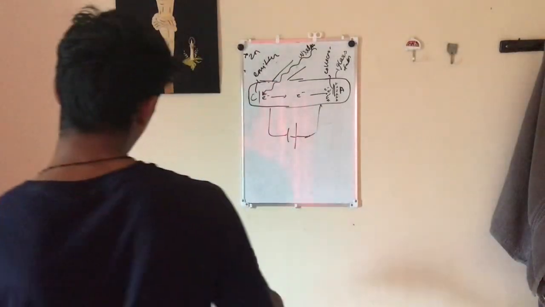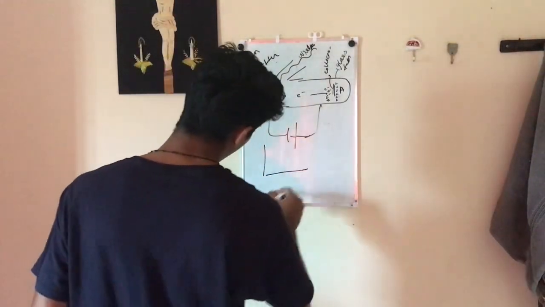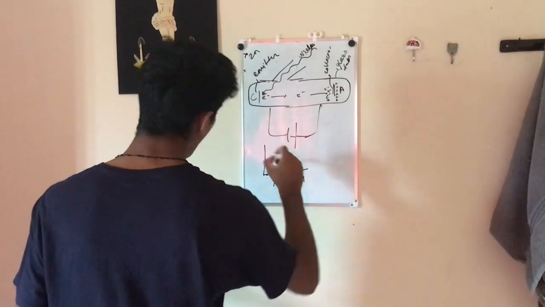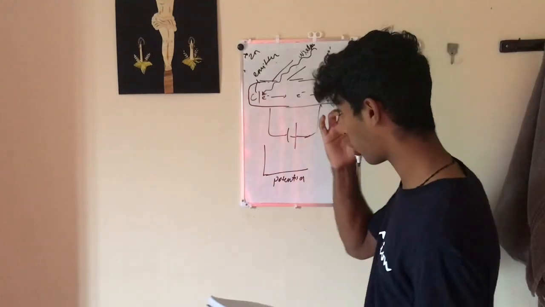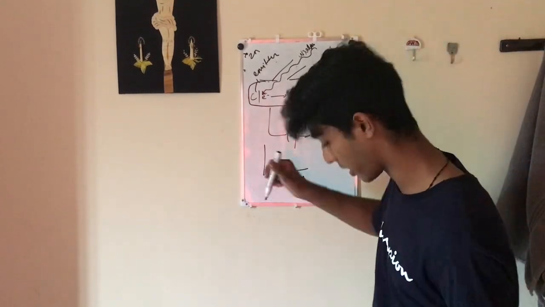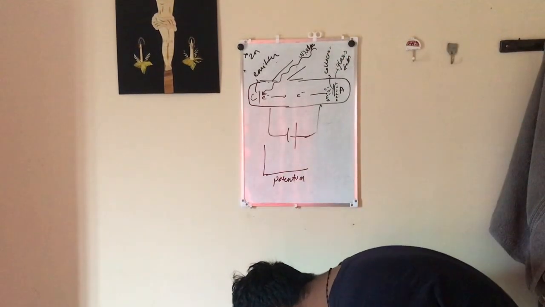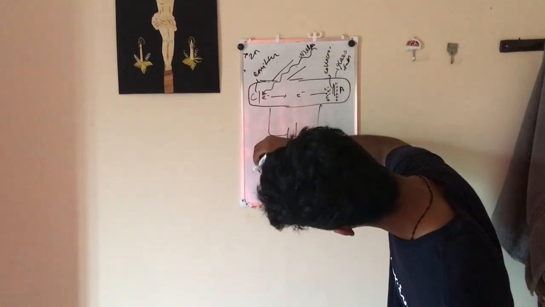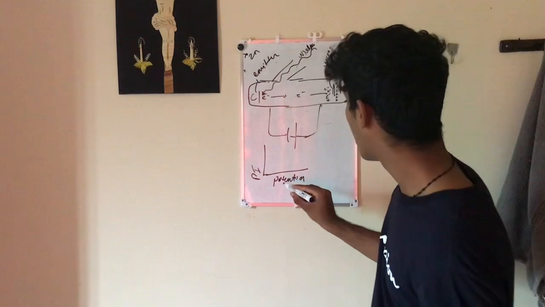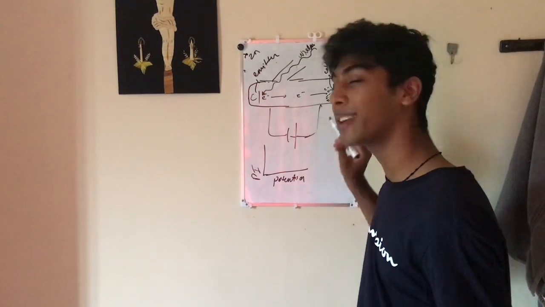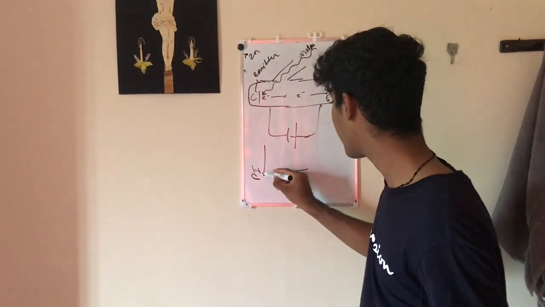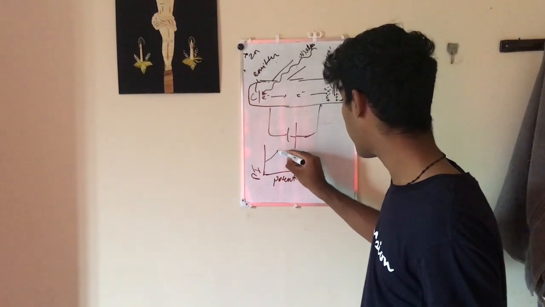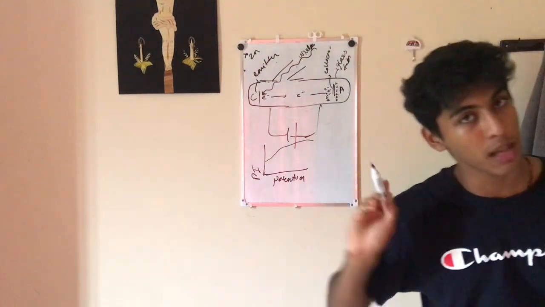So if you draw the graph between the positive potential and the photocurrent. What is photocurrent? The flow of photoelectrons produces photocurrent. When positive potential increases, the photocurrent increases and then reaches a maximum photocurrent.